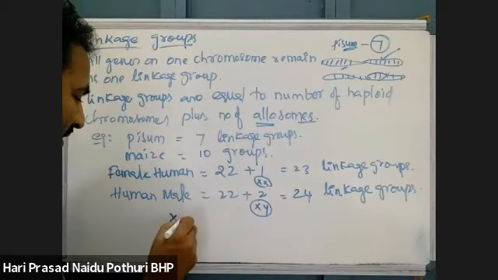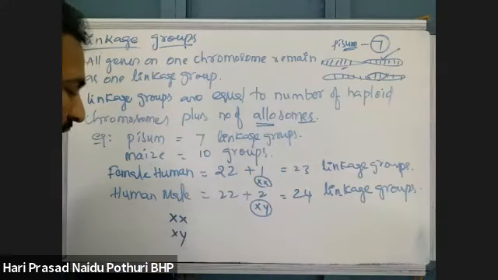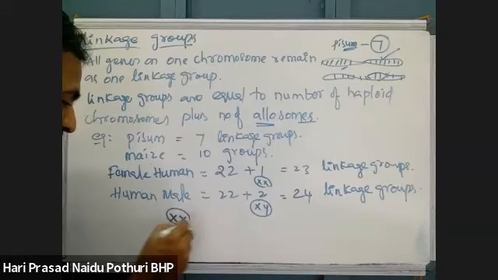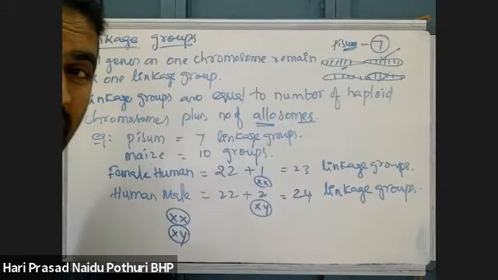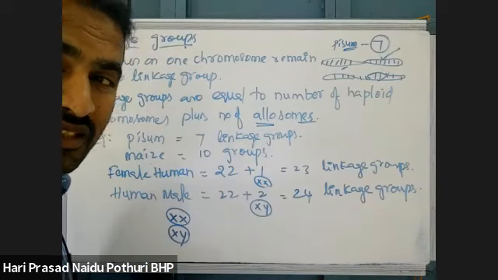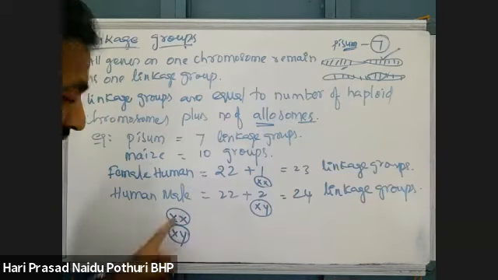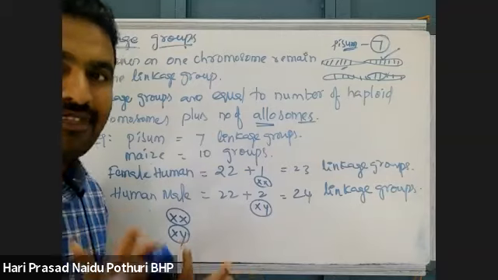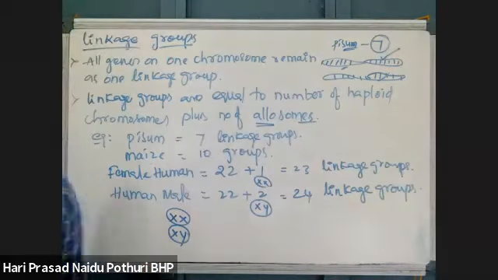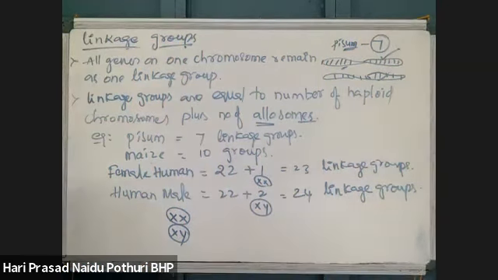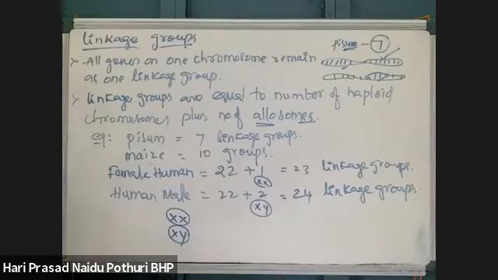Suppose XX and XY are allosomes in humans, because these X and Y chromosomes are involved in determining the gender, whether male or female. That is determined by this. Allosomes means sex chromosomes, XX and XY in humans. So this is what we call linkage groups.